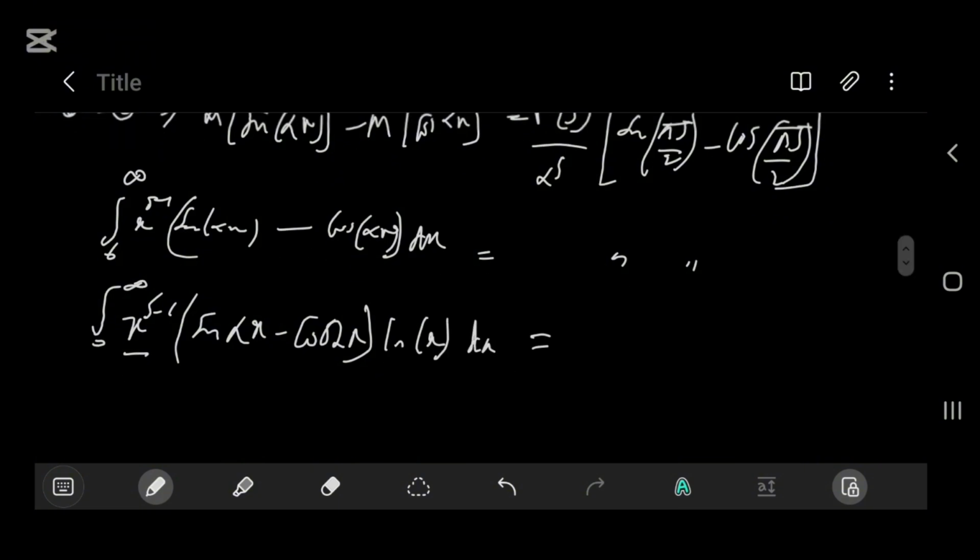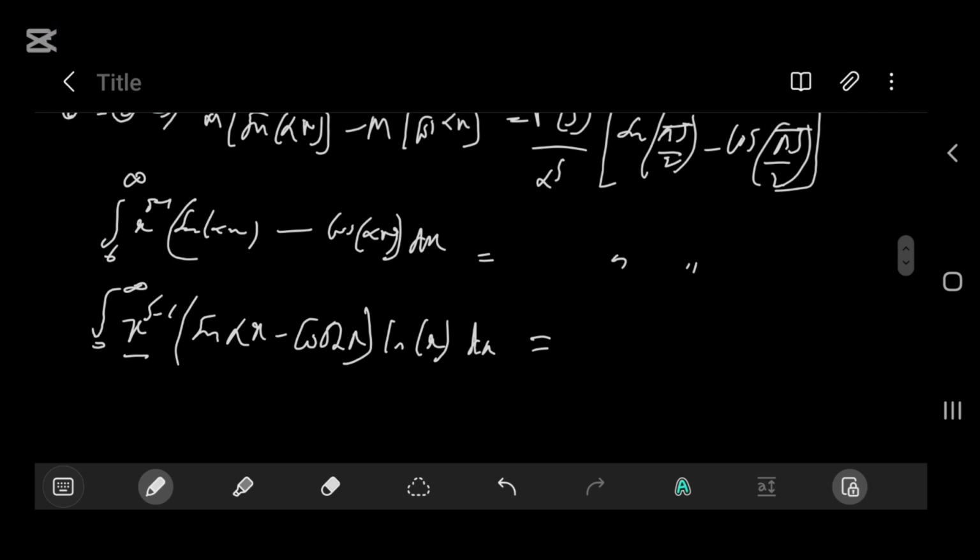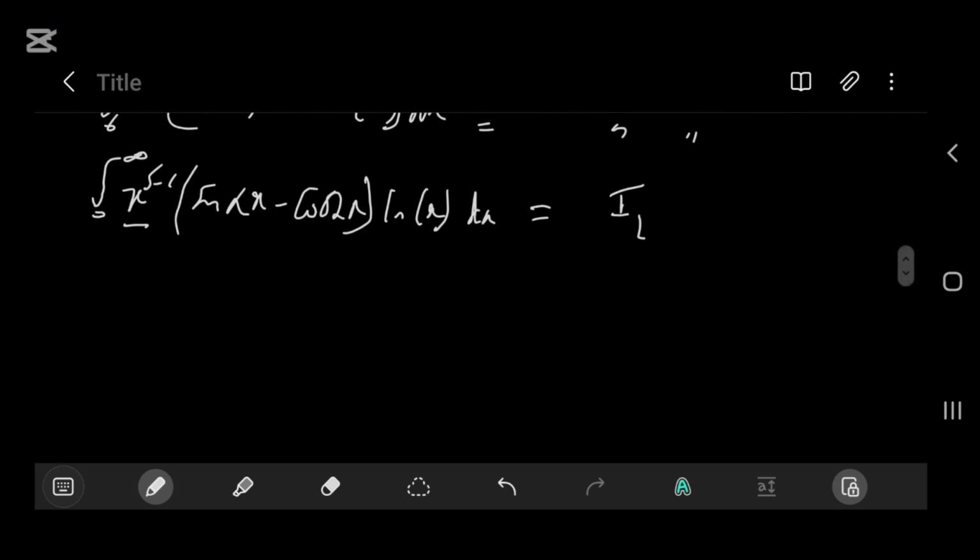On the right hand side, let's take this part as I2 and differentiate both sides with respect to s.